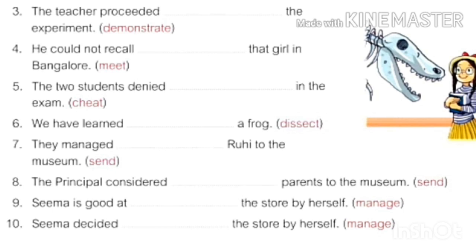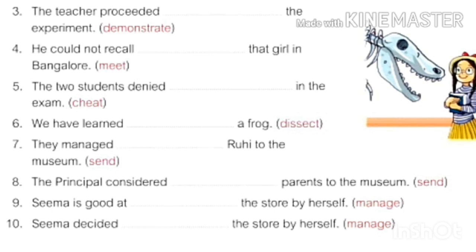Okay. Then fifth, the two students denied dash in the exam. Here cheat is given in the bracket. So they denied cheating. We have learned dash a frog. Dissect means to cut it open in the lab, and medical students or the science students just look into the body, how the body functions. So that is what is called dissection.